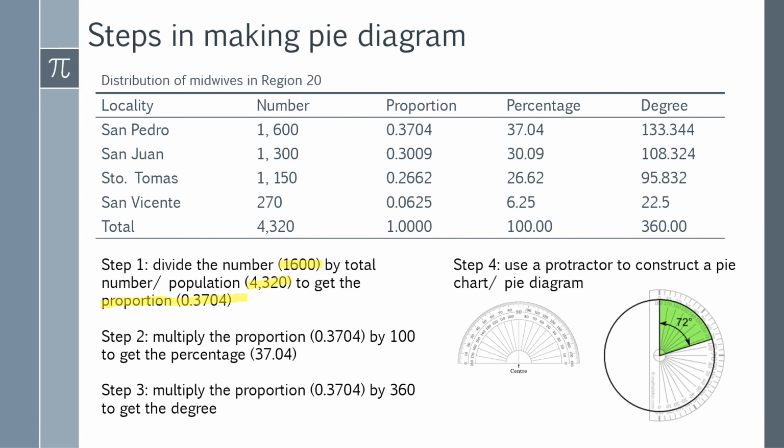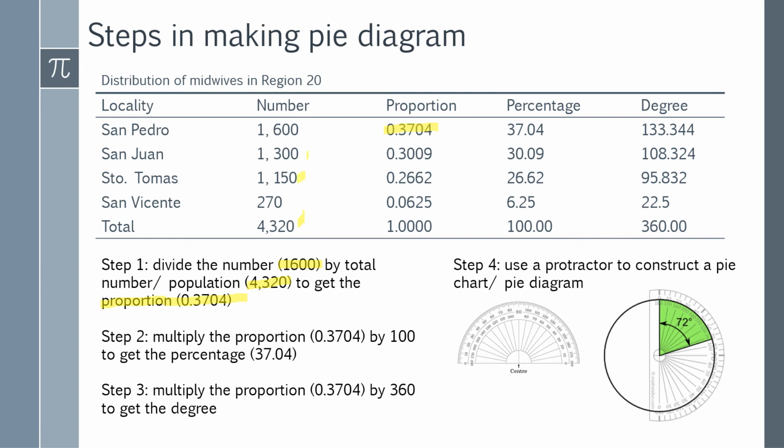So yun yung sagot kung paano natin nakuha yung column 3, which is the proportion. So same with San Juan and the rest of the localities. 1,300 divided by 4,320, the proportion is 0.3009.